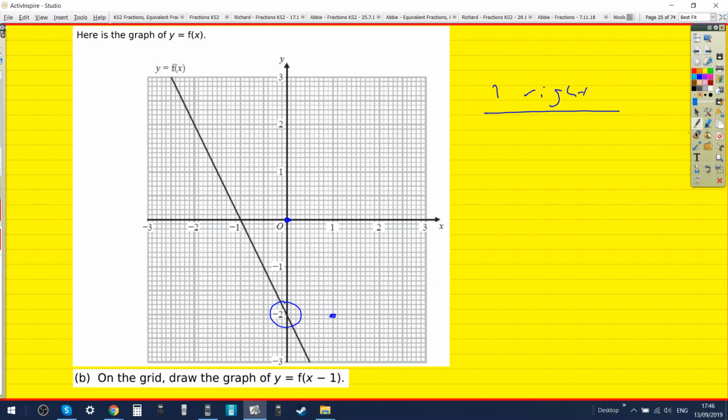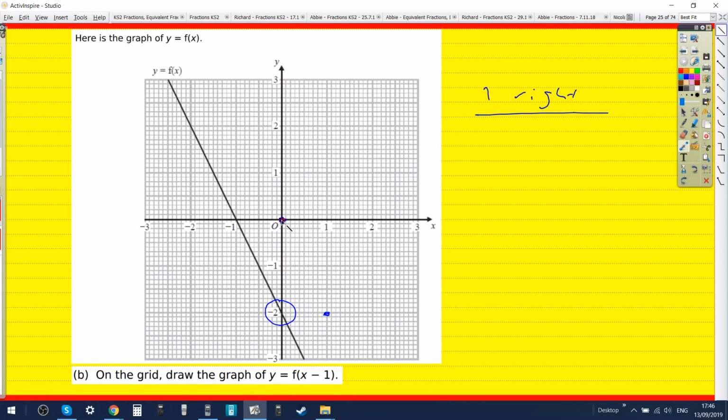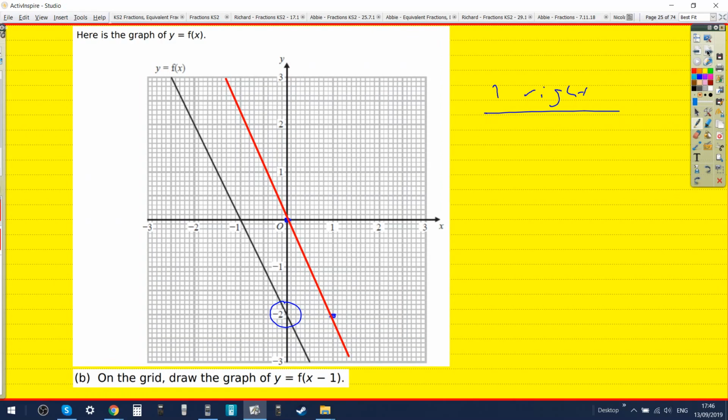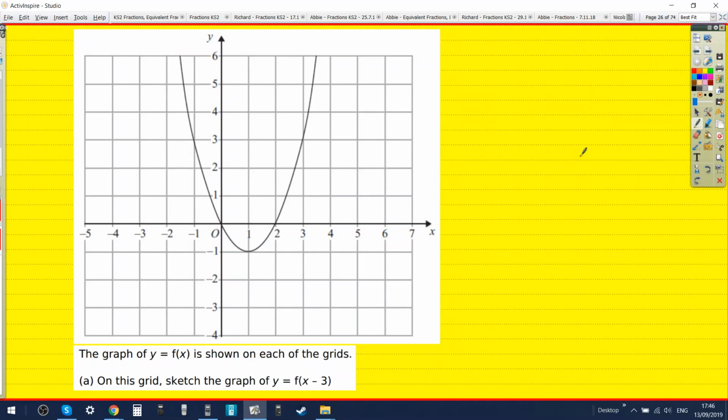Yeah, so don't overthink it, literally just move everything to the right. For the quadratic in the previous question, we needed 3 points. For a straight line, you only need 2. 3 is also fine. Yeah, so we moved it 1 to the right. How about this?